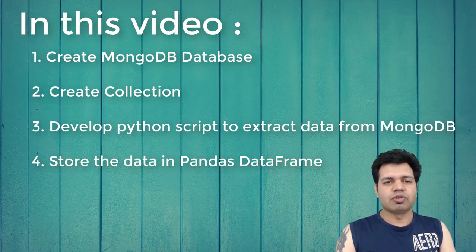So later on I would also be writing the Python code to extract data from these collections, and then storing those collection values in a Python data frame for further analysis. So basically the data in a NoSQL database is considered as in collection form, and these are not stored in the relational database form.